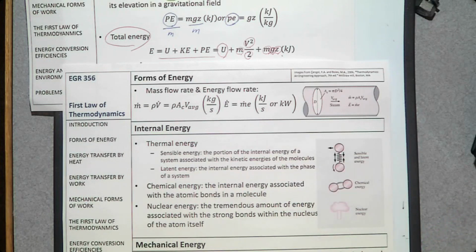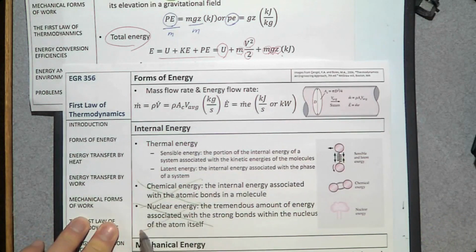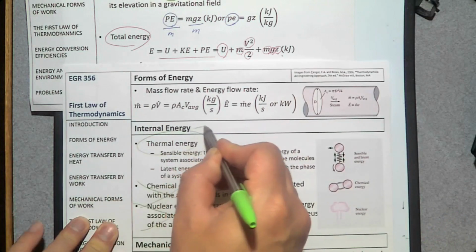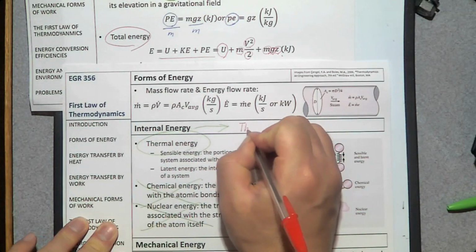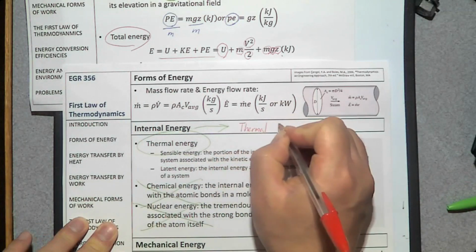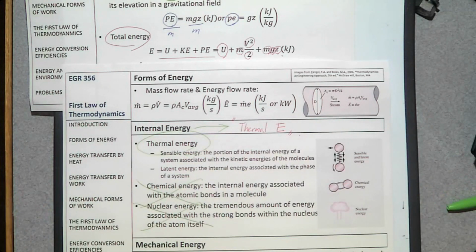In thermodynamics, we neglect chemical energy or nuclear energy, and we only study thermal energy. So when we say internal energy U, it means thermal energy, because we assume that there is no chemical reaction and no nuclear reaction. In most engineering processes, yes, there are no chemical reactions and no nuclear reactions.